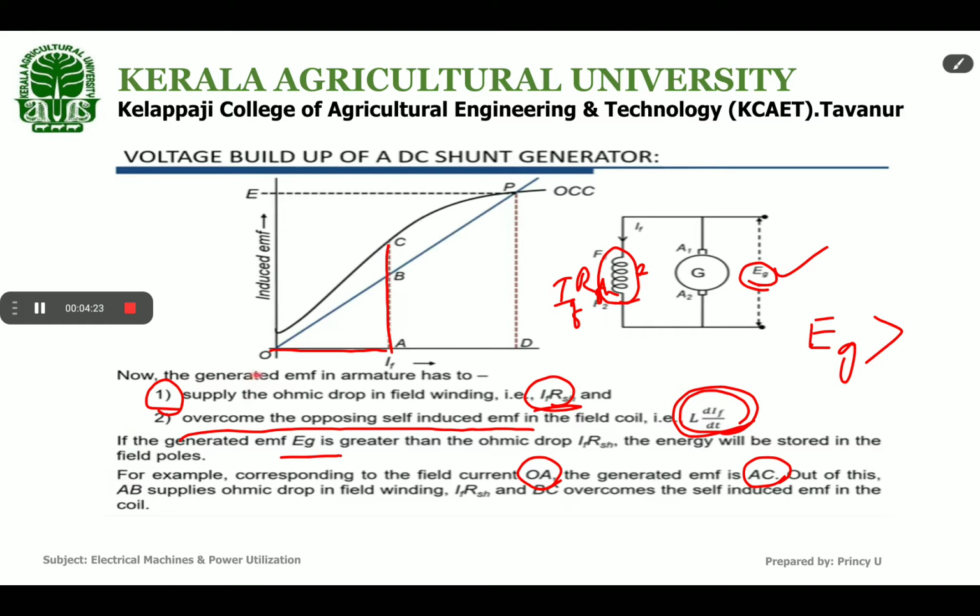Out of this, the part AB supplies the ohmic drop in the field winding, that is the IR drop, and the other part is used to supply the opposing back EMF, which overcomes the self-induced EMF in the field winding.